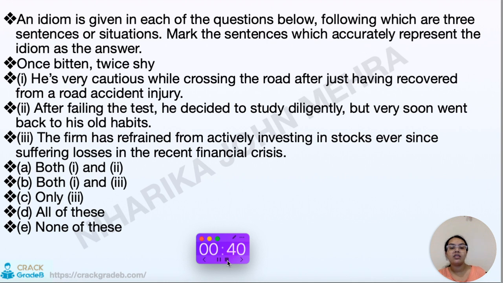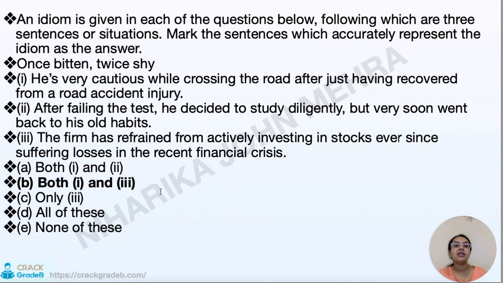Read the situations and try to figure out which situation is giving you the meaning of the idiom. That's how you should do it. Anyways, the last question. So the first and the third one.